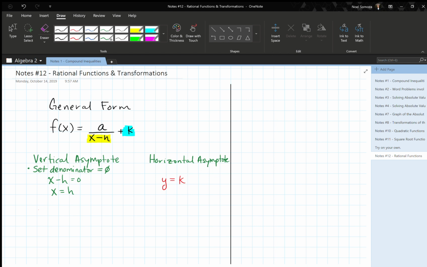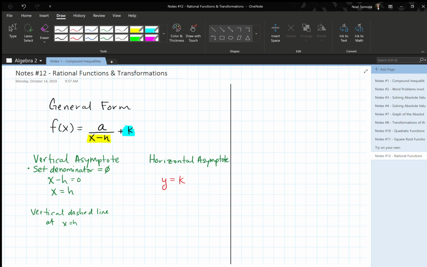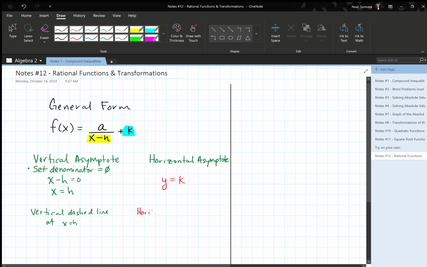Make a quick note here that a vertical asymptote is going to be a vertical dashed line at x equal to h, and the horizontal asymptote will be a horizontal dashed line at y equals k.